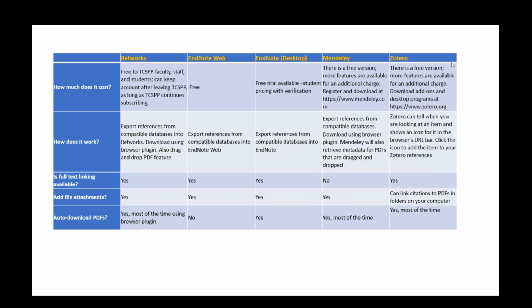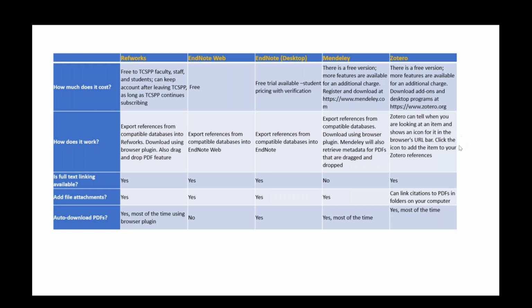With Mendeley, there's also a free version with additional features available for a charge. And Zotero, I think there's no paid version, so it's free. Oh yeah, there might be some additional features available for an additional charge. I find that it's pretty robust though for the free version of Zotero.